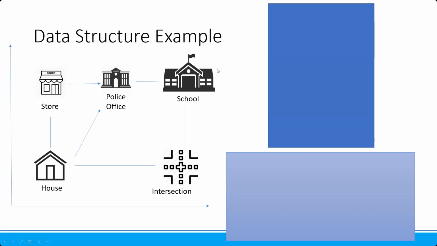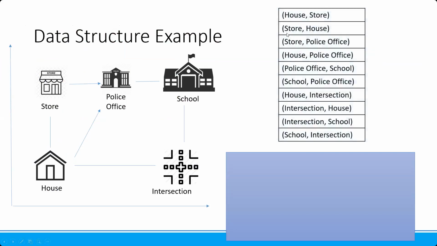Now, if I have this problem, how can I save my data in the computer? There is one way. I can save two locations at the same time. I can save house and store. I can save again store and house.